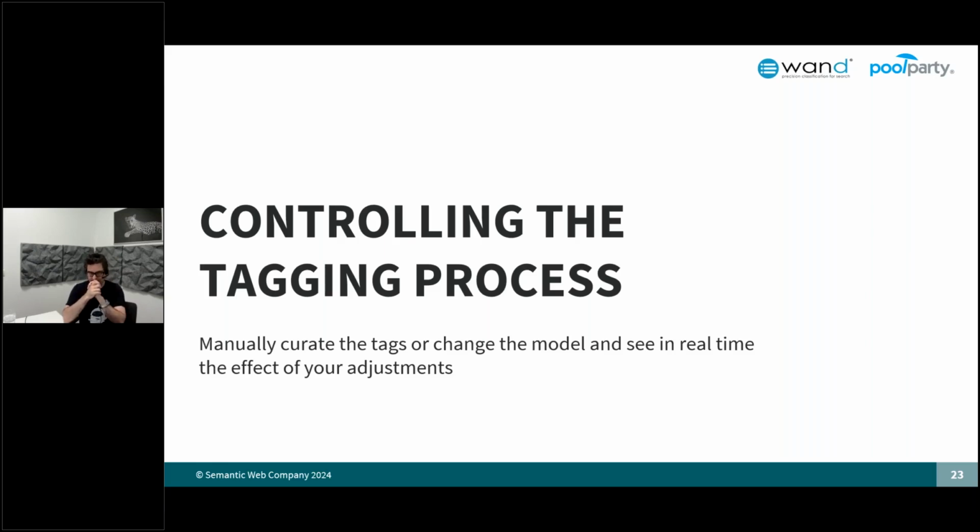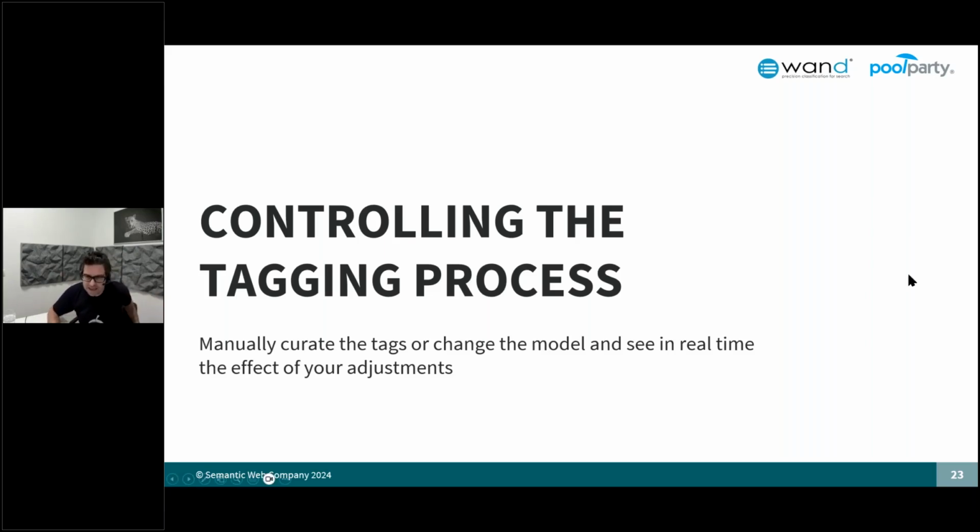Let's look at a couple of examples of how you could do this. And again, we advocate for fully explainable AI that you can trust. If people cannot trust the results that they're getting, it's a bit problematic, right?